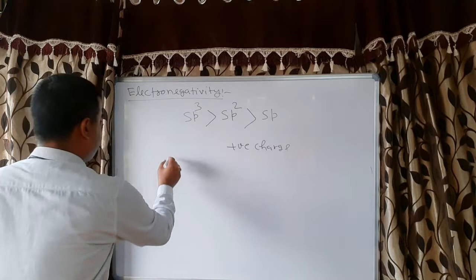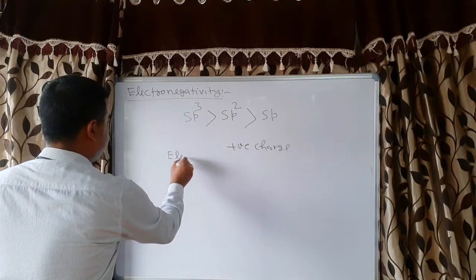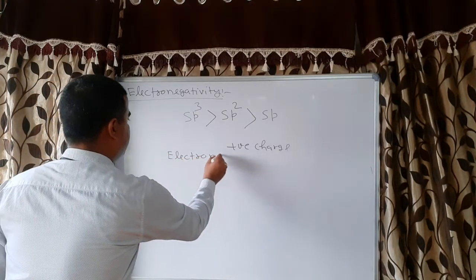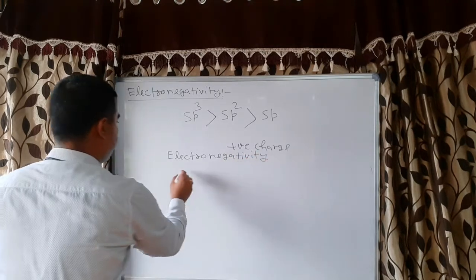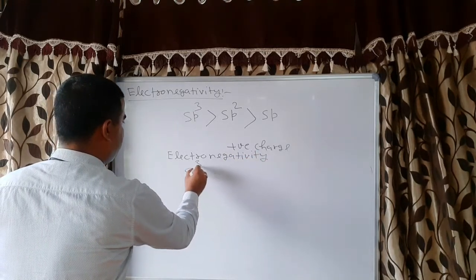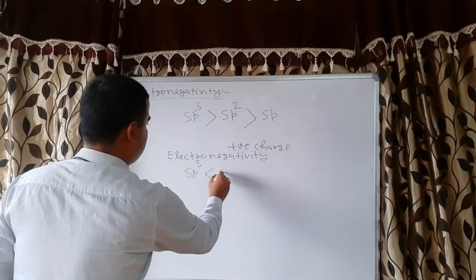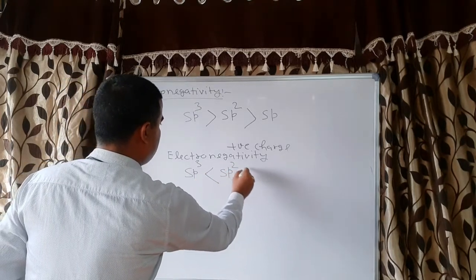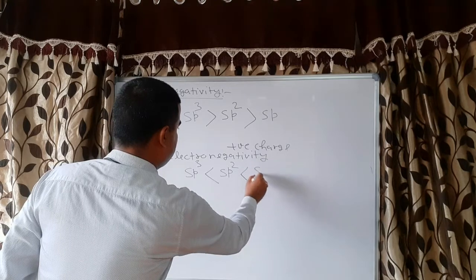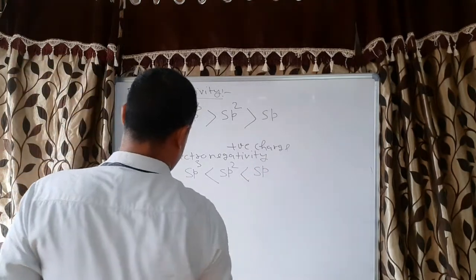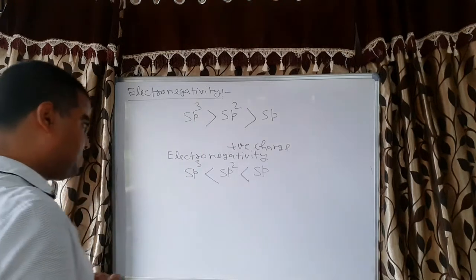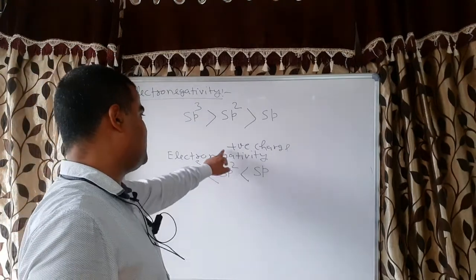So, the electronegativity of sp3 is lesser than sp2, which is lesser than sp, because sp is smallest in size, that's why it will be closer to the nucleus.